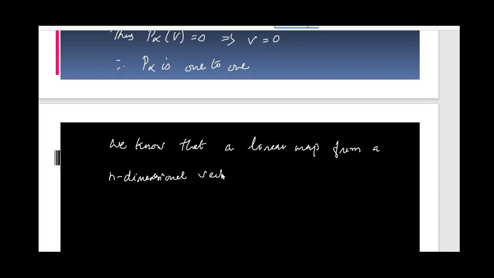We know that a linear map from an n-dimensional vector space to another is 1 to 1 if and only if it is onto.